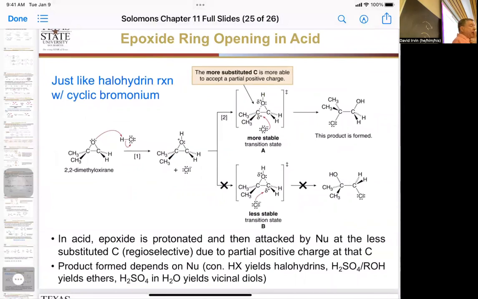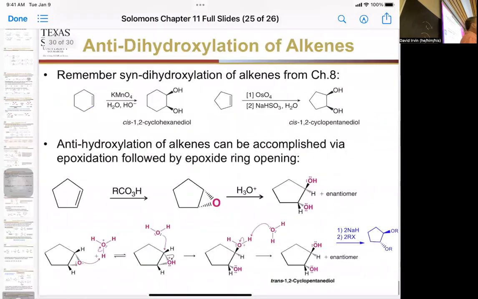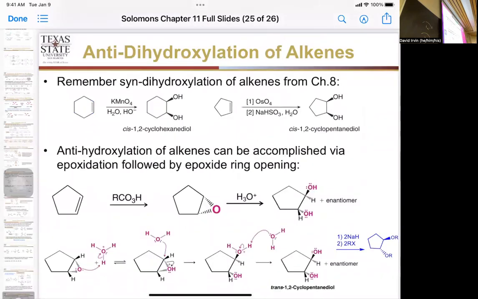Oh, that's interesting. If we attack with water in acid, we could get a diol, a 1,2 diol, 2 alcohols. Okay, so we're able to make a cis diol by using osmium tetroxide.